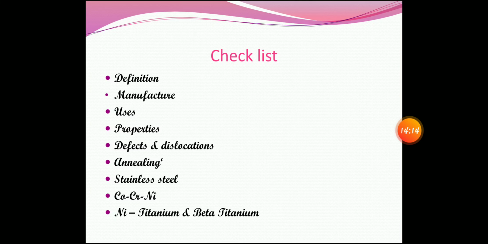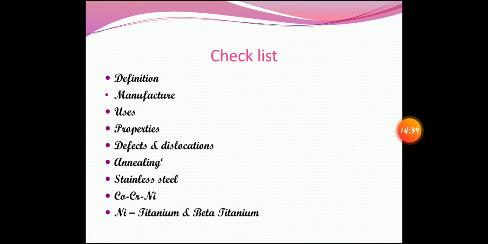In addition to that, you have to strengthen the metal. That is why you add certain grain refinements, and the process is called strain hardening. What are the effects of strain hardening? What are the positive and negative effects? How can we combat the negative effects like decreased ductility and corrosion resistance? It is done by a process called annealing, and the annealing stages up to where you have to do the annealing.